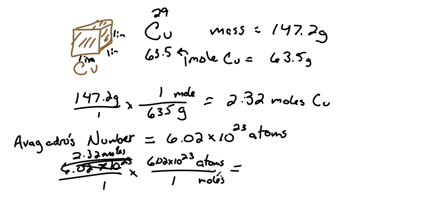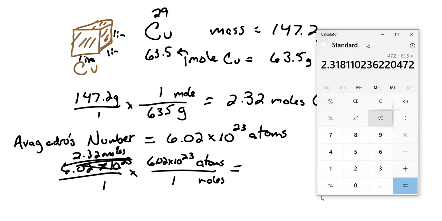We'll talk a little bit about scientific notation here. The first thing we're going to do is multiply the significant figures, 2.32 times 6.02. So we'll go back to our calculator. 2.32 times 6.02 equals 13.96, or going with 3 significant figures, 14.0.